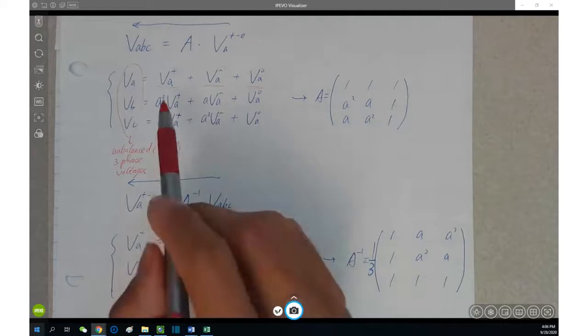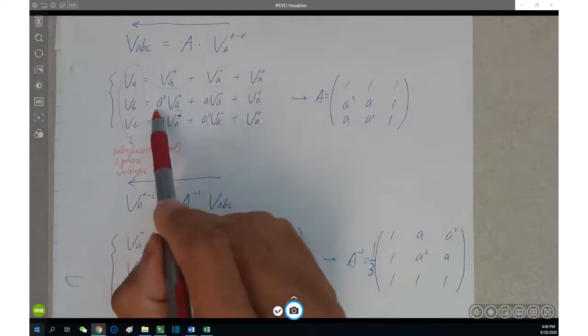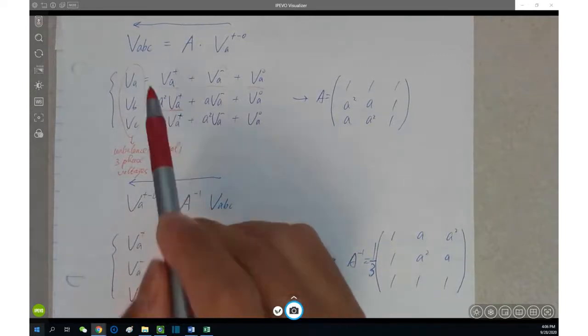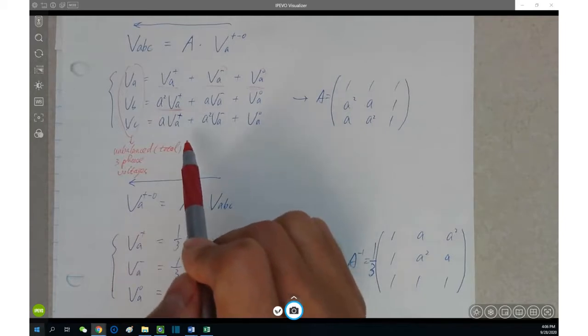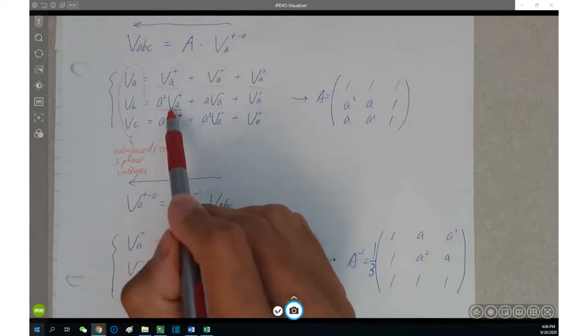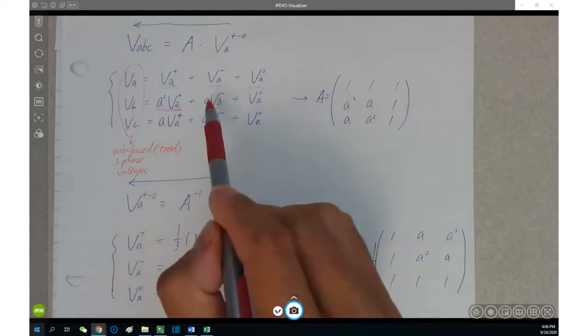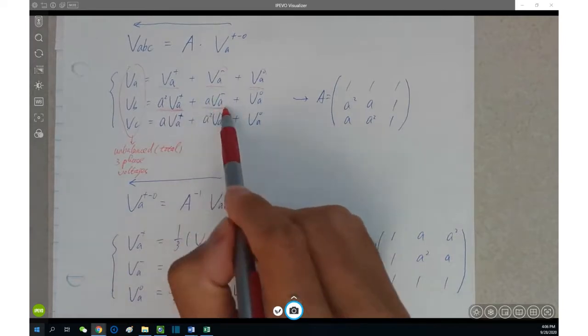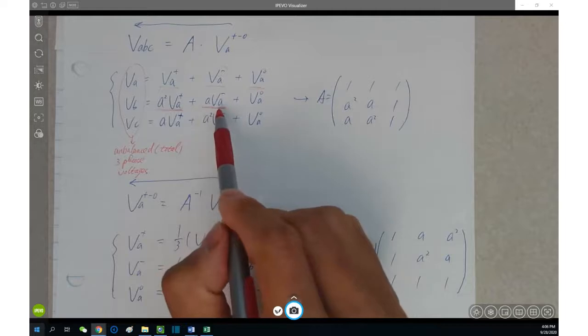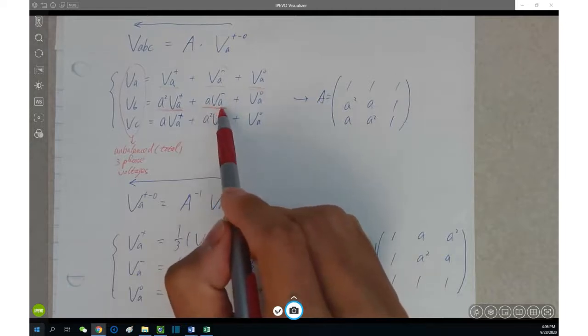Exactly the same thing, phase B equals the phase B positive sequence component, which equals A squared times VA plus, plus phase B negative sequence component, which equals A times VA minus.